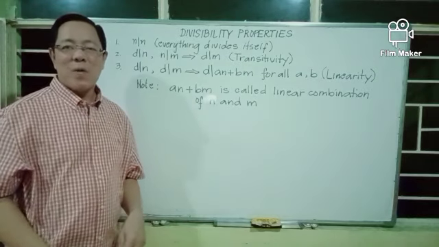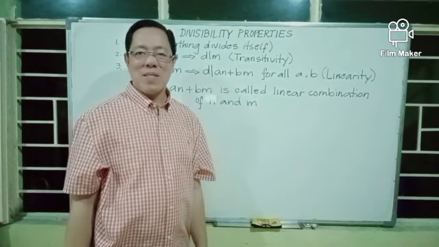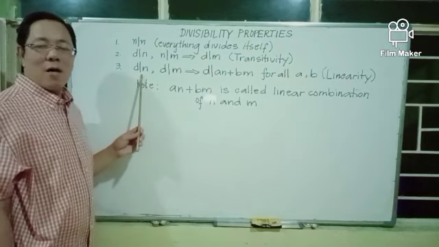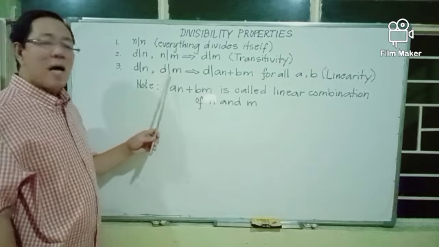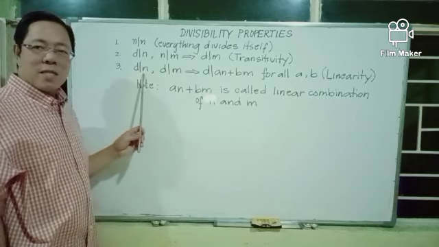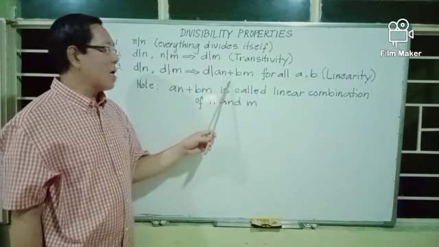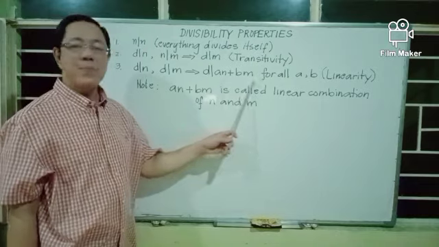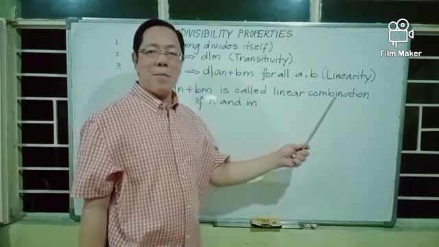The linearity property states that if d divides n, where d and n are integers, and d divides m, where m is an integer, so the given here is that d divides both the integers n and m, this implies that d divides an plus bm, where a and b are also integers. This conclusion is true for all integers a and b.